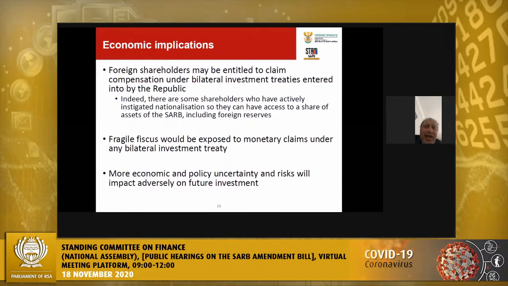And yes, some are there to speculate and in fact actively instigate, so as to trigger the nationalization clause so that they can then lay claim to the foreign reserves of the country. I've gone through this, so I won't repeat it. So we would be exposed to significant claims. And as I said, it will take many, many years to deal with this.